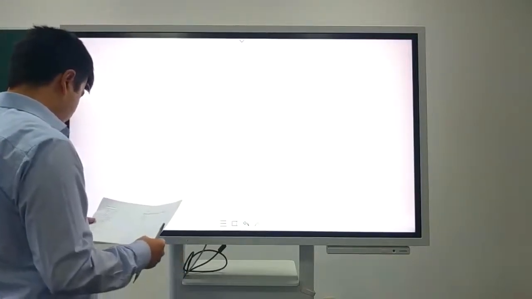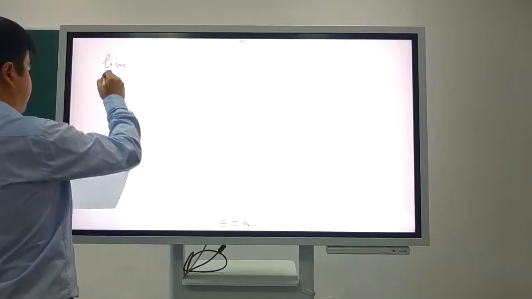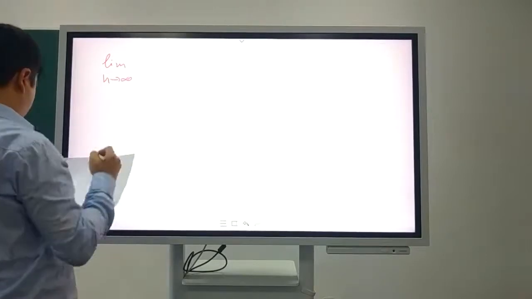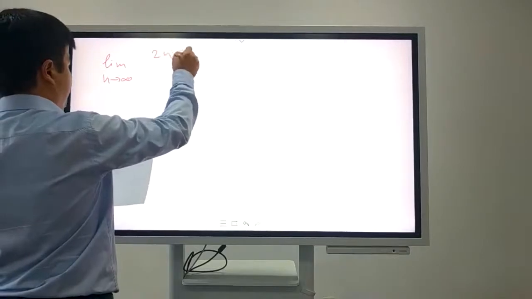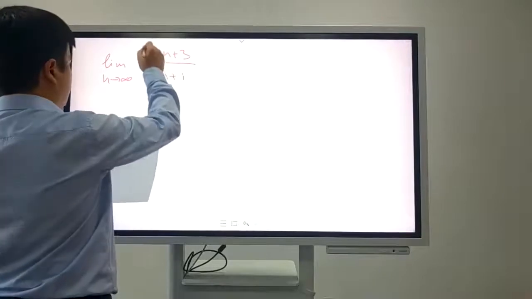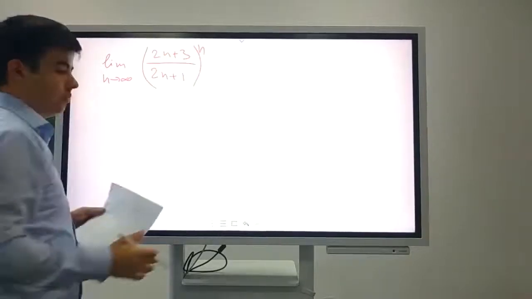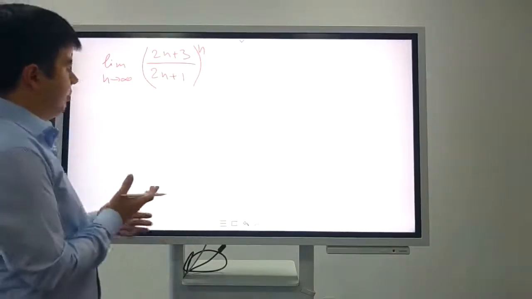And now, okay, let's consider the next example. Limit n tends to infinity, 2n plus 3 over 2n plus 1, to the power of n. So we have some kind of type of limits.